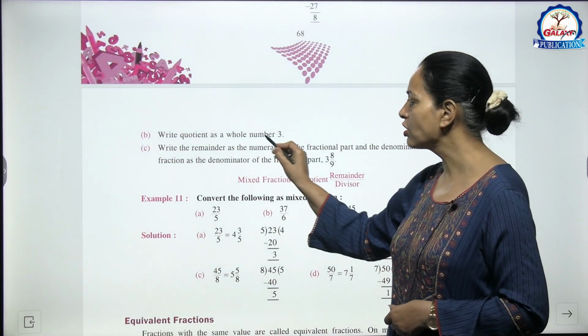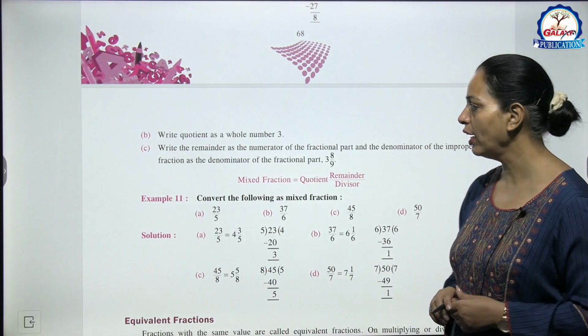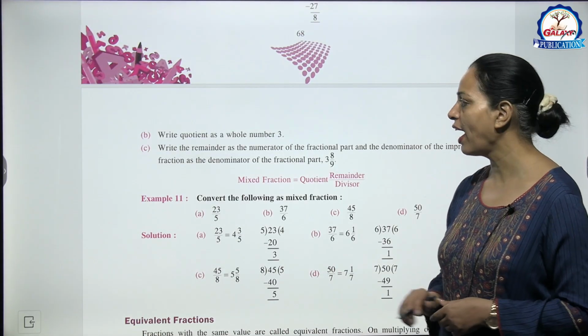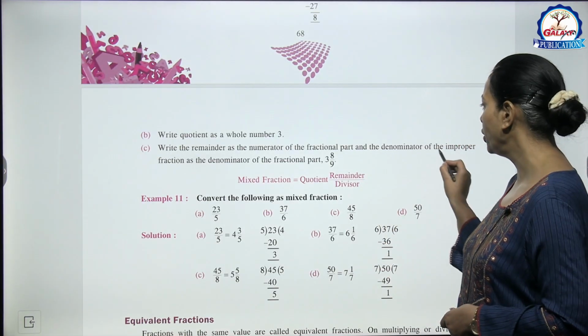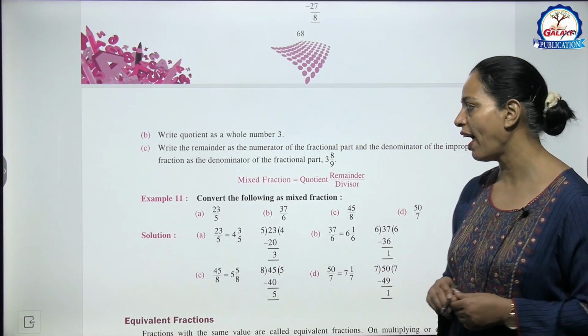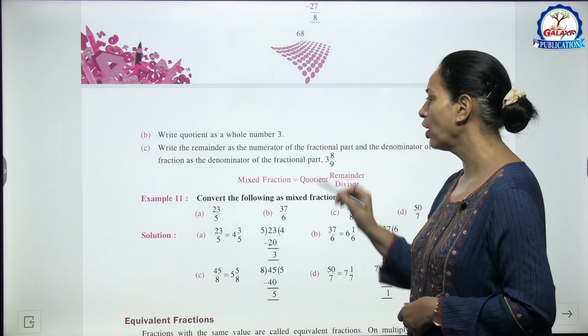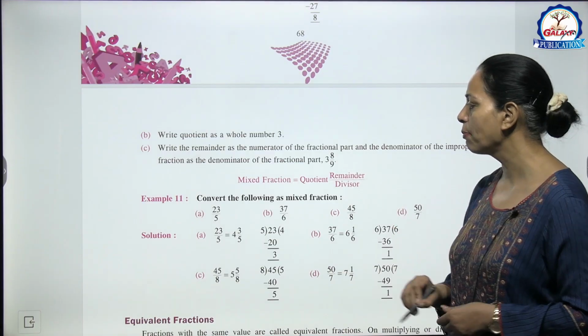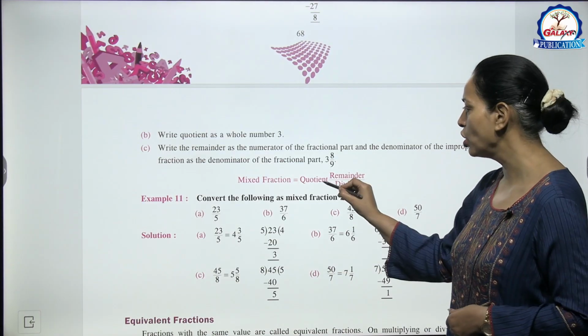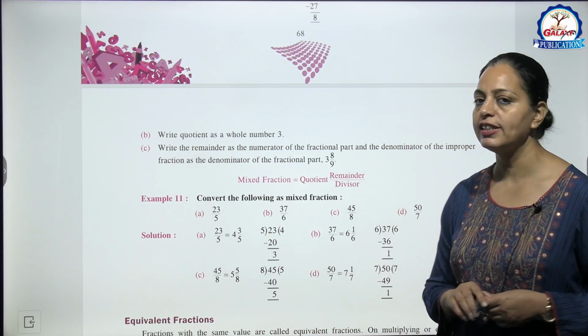Write quotient as a whole number 3, okay, and write the remainder as the numerator of the fractional part and the denominator of the improper fraction as the denominator of the fractional part. So this becomes 3 whole 8 by 9, meaning quotient remainder upon divisor.